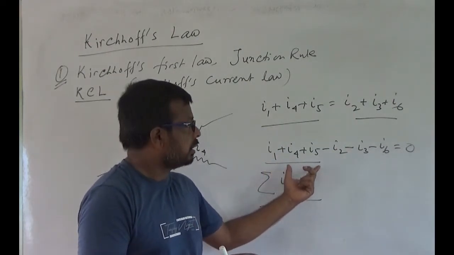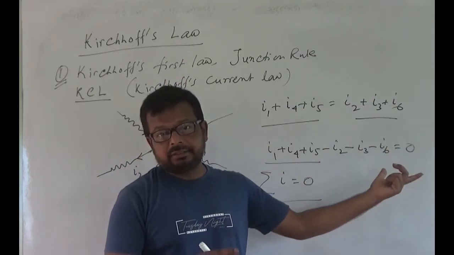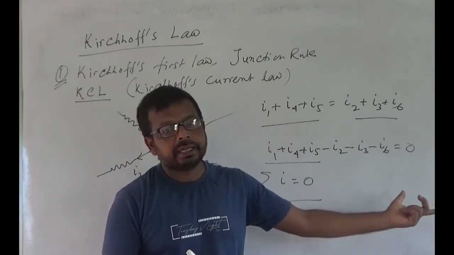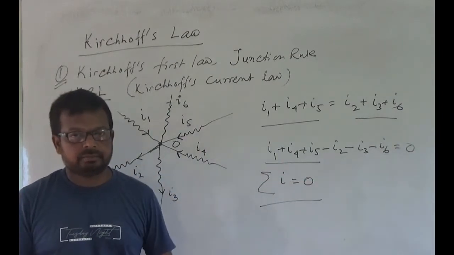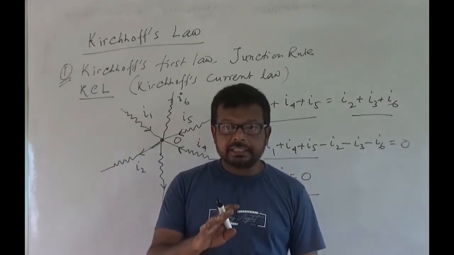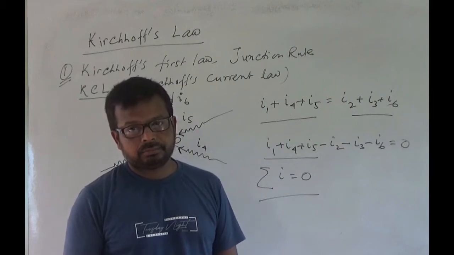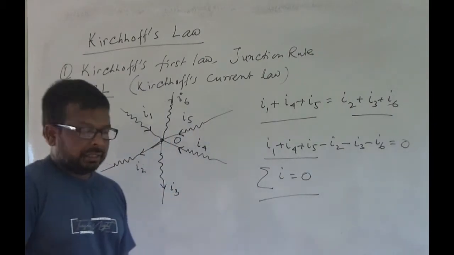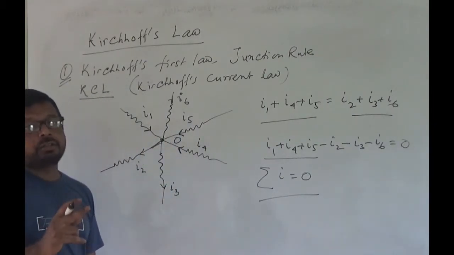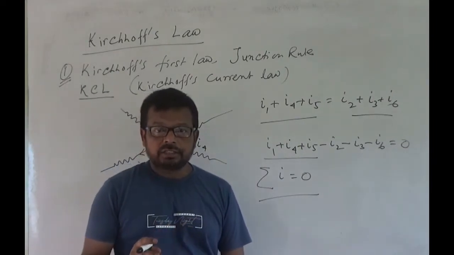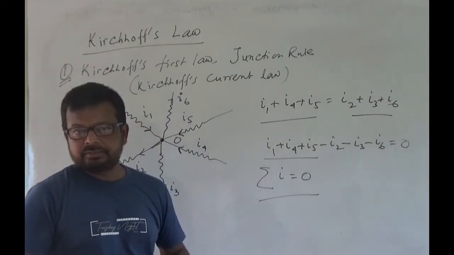Then the currents leaving the junction must have negative sign. And where does it come from? This law comes from the law of conservation of charge.